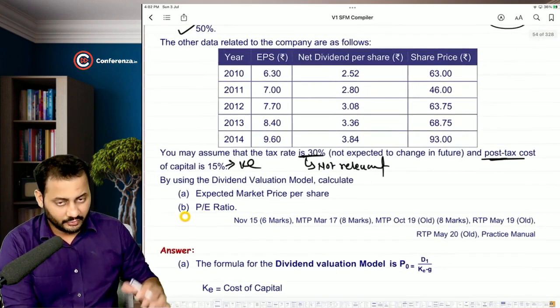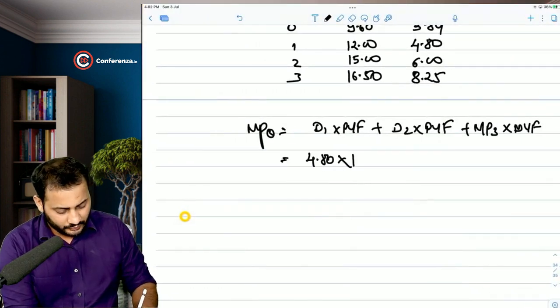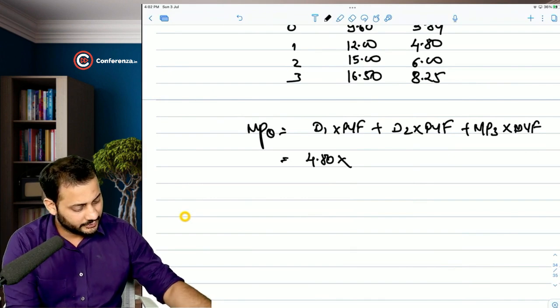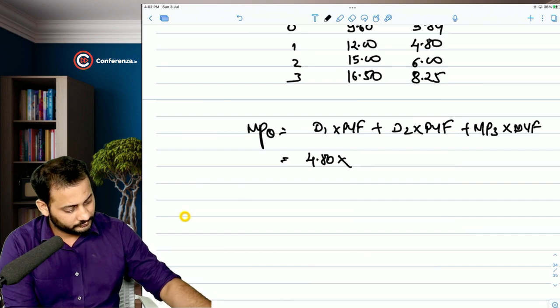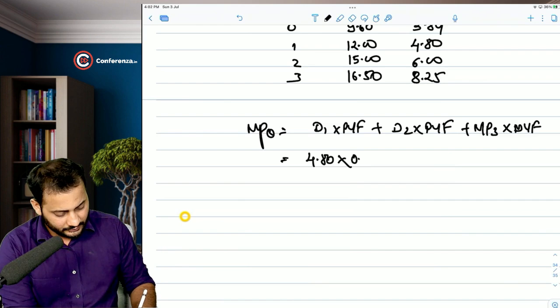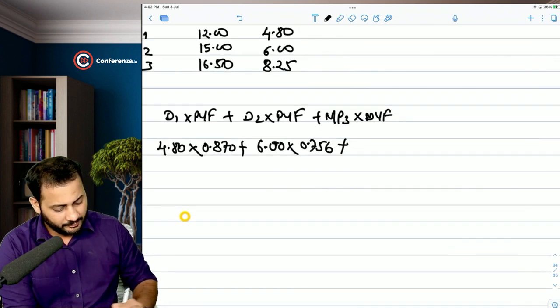So we will be calculating it with 15%. Am I right? So 1 divided by 1.15, on the calculator, 0.870, plus D2 is 6 into second year factor 0.756 plus MP3.